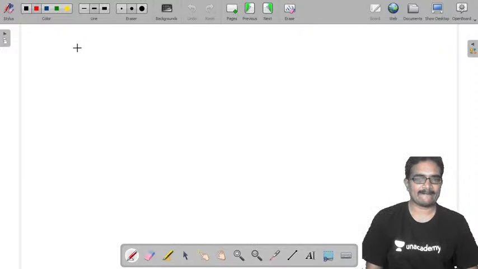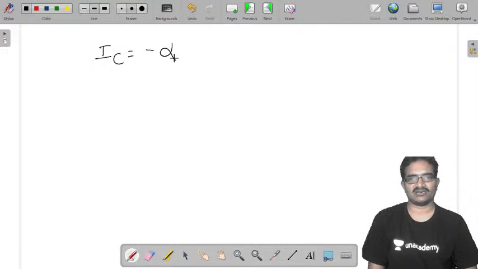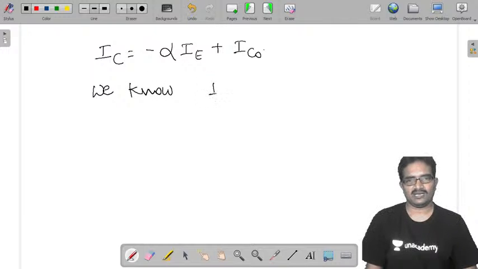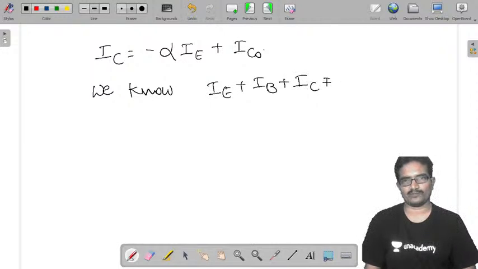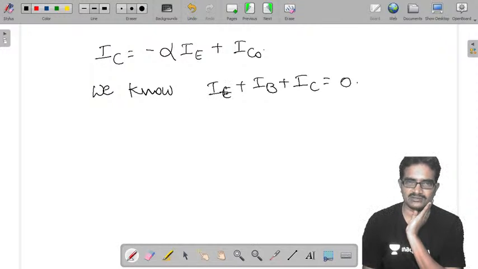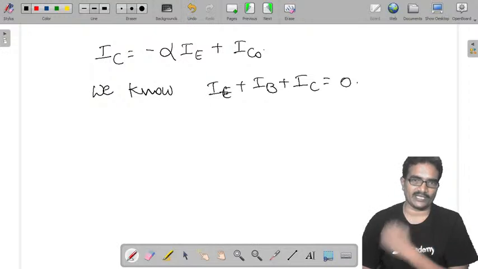Now see this. Just before, we derived one equation, that is IC equals minus alpha into IE plus IC naught. But we know one thing from the transistor: IE plus IB plus IC equals 0.